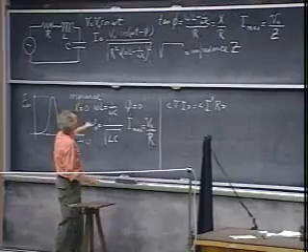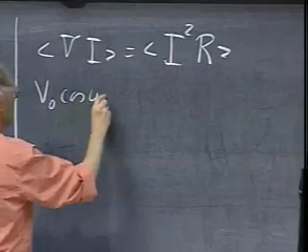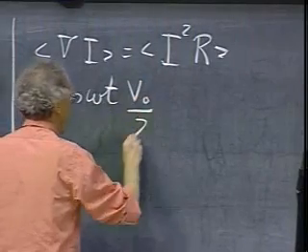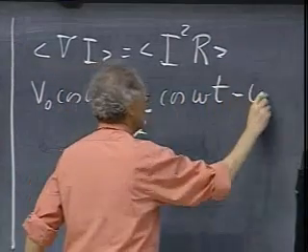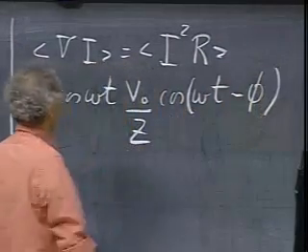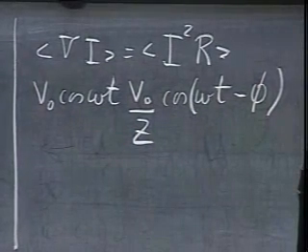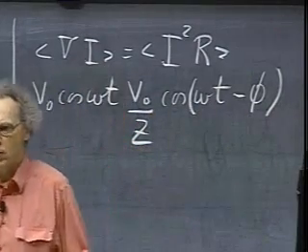So I will get then V0 cosine omega t. The I becomes V0 divided by Z times the cosine omega t minus phi. This is the power at any moment in time. I will do the time averaging a little later. When I see cosine omega t minus phi, that reminds me of my high school days.